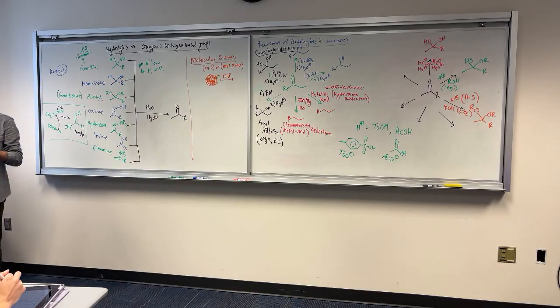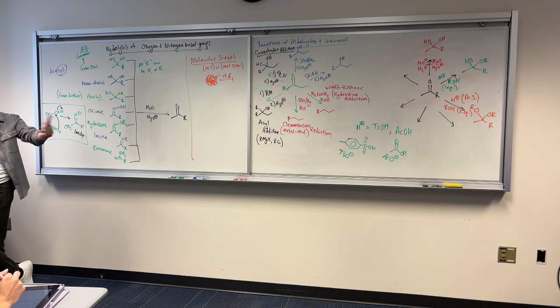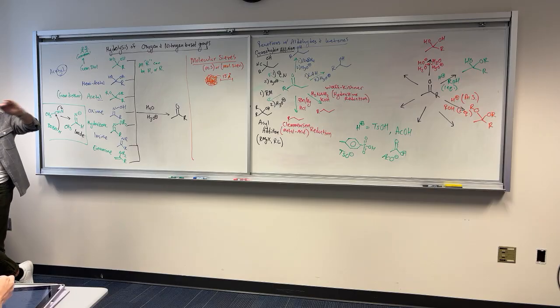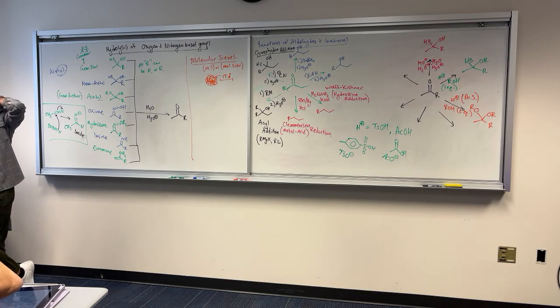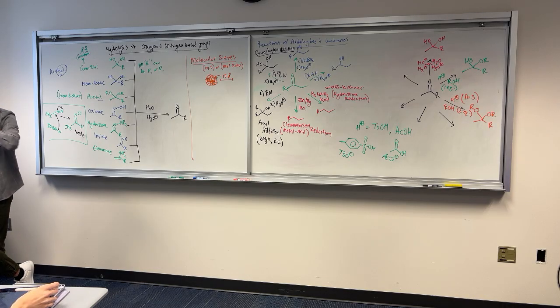15 angstroms is fairly small. An atom, on average, is a few angstroms wide, which means a molecule would be a dozen or more, at minimum, angstroms wide. So only the smallest molecules can fit inside of here. What's a small molecule? H2 is a small molecule, not super common in our reactions here.